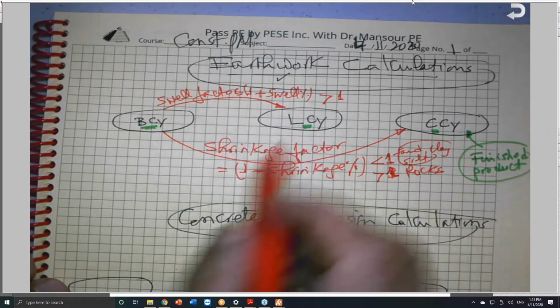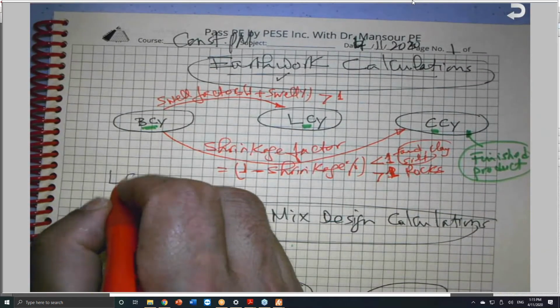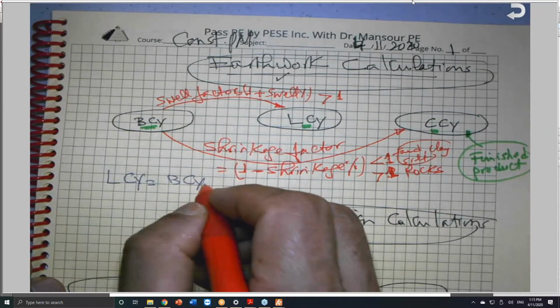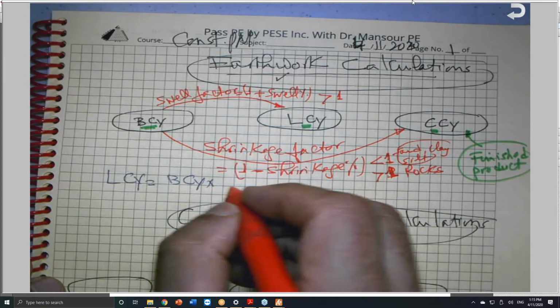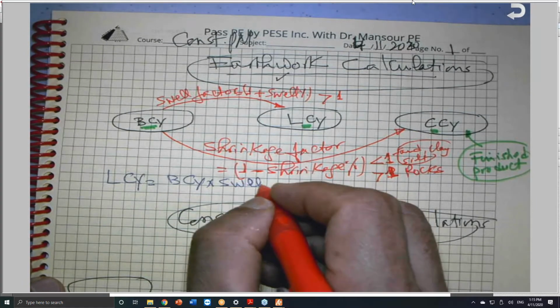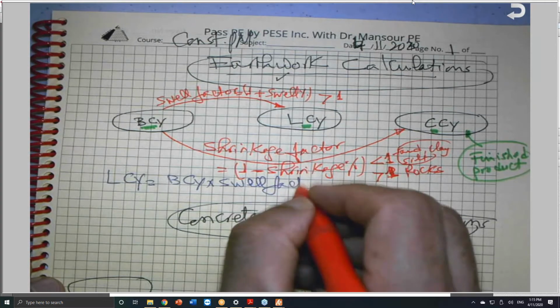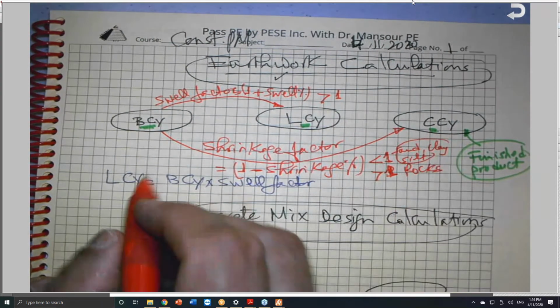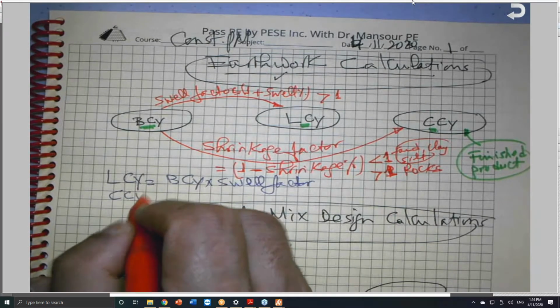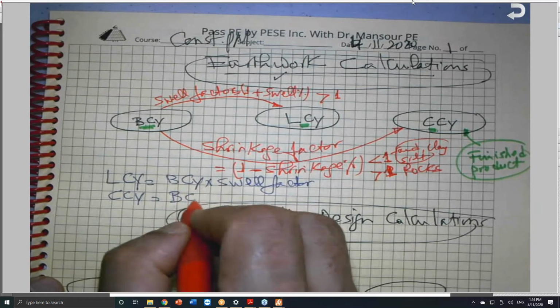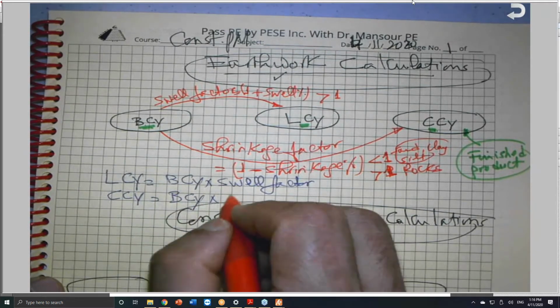We say that loose cubic yard, LCY, is equal to bank cubic yard times the swell factor. And the compacted cubic yard, CCY, is equal to the BCY times the shrinkage factor.